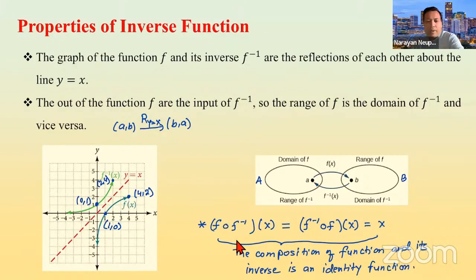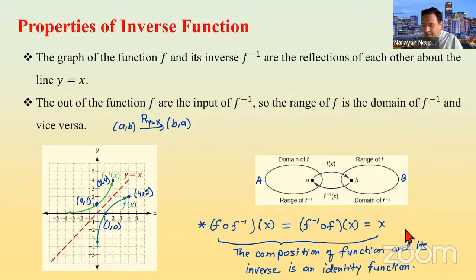Meaning, whatever the input is, you'll get the same output. So f of f inverse of x and f inverse of f of x are equal, and it is always equal to x. We use this to check whether the given functions are inverses of each other or not. You cannot just check one composition; you have to check both compositions, and both should equal x.